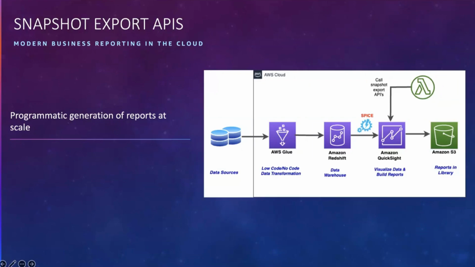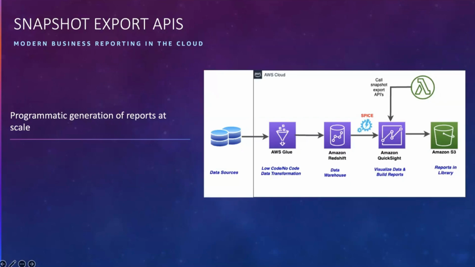In this flow, as an example, you can see that you're able to ingest the data source via Glue or via direct connection to QuickSight, utilize SPICE, our in-memory engine, and then call these snapshot export APIs on reports that you've already built.